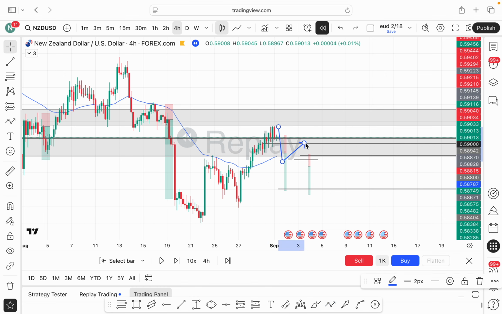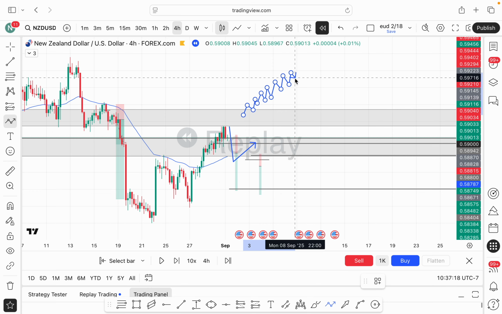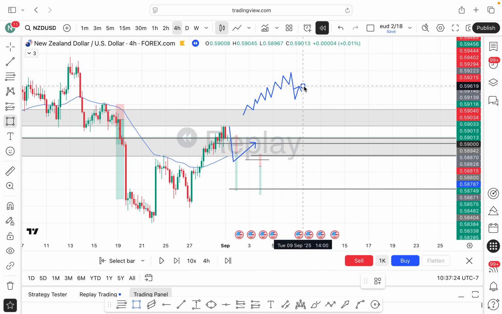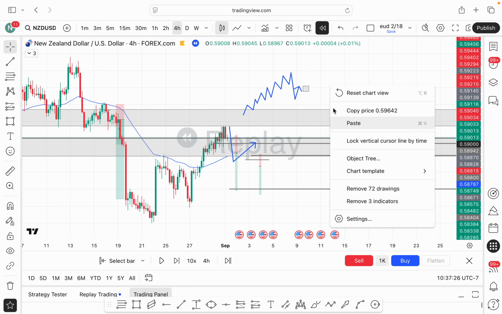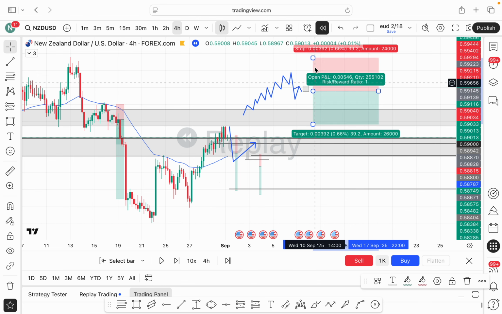Then on the lower high of the 4 hour time frame, what I'm going to wait for is, in the lower time frame of 15-30 minutes or an hour, a break and retest with an engulfing candlestick right here.